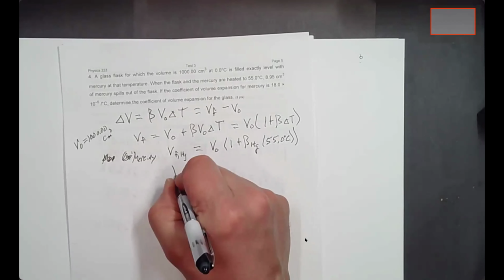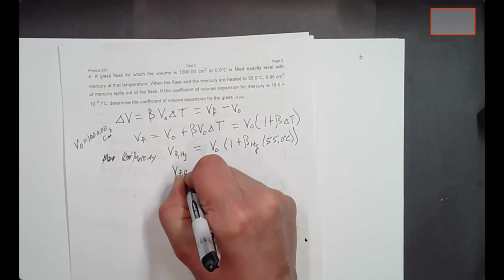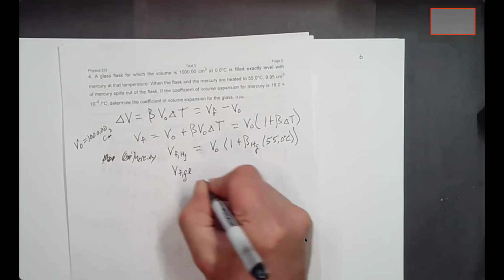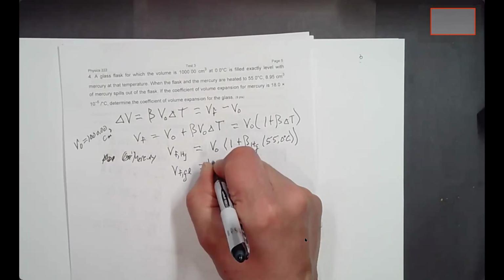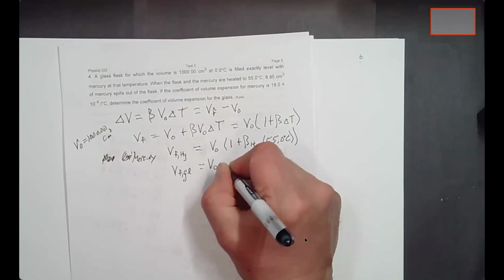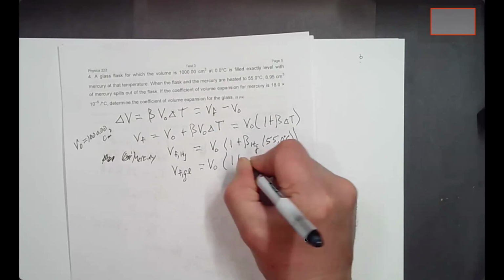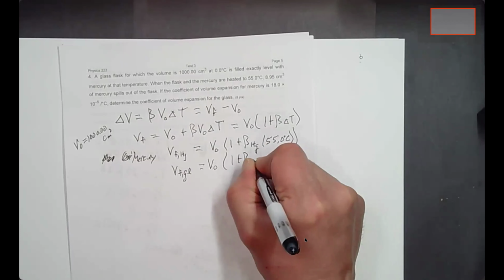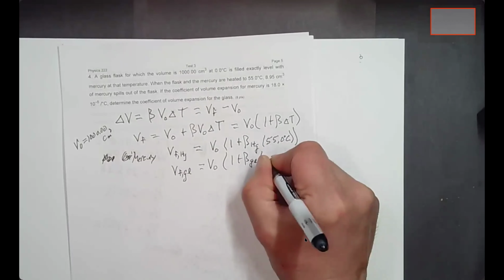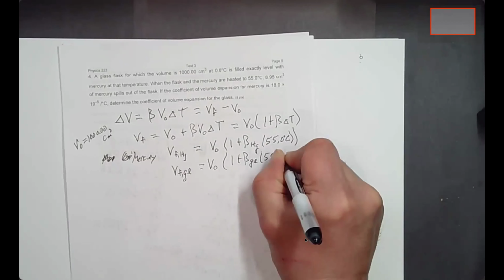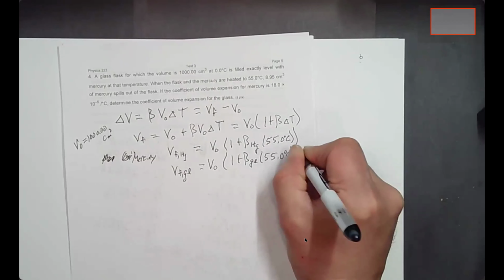And then there's V final for the glass, and that's going to be the same V naught as mercury, but I'd have 1 plus beta for the glass times 55.0 degrees Celsius.